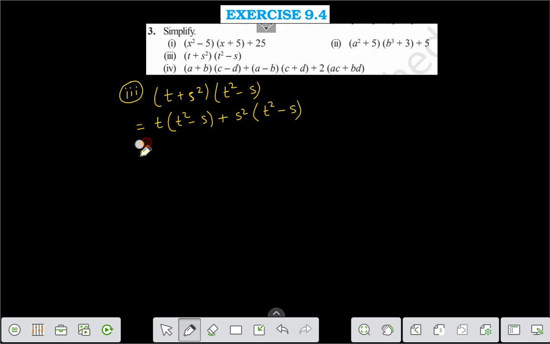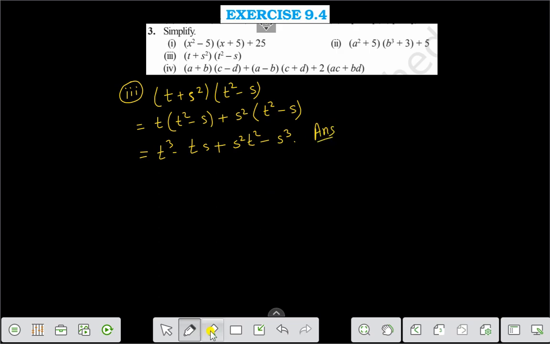Therefore, we are getting t square into 2, it is t cube, minus ts, plus s square t square, minus s cube, right? Therefore, the answer is t cube minus ts plus s square t square minus s cube. That is the answer of question number 3.